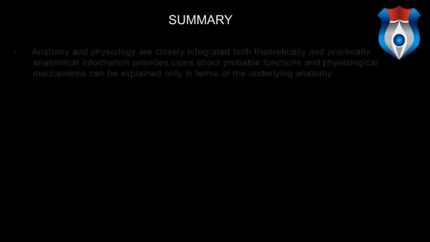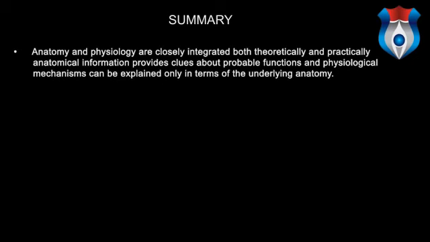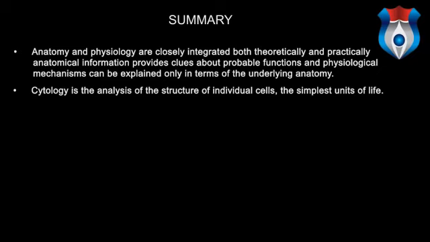Now in the end, let us summarize what we have learned in this lecture. Anatomy and physiology are closely integrated both theoretically and practically. Anatomical information provides clues about probable functions, and physiological mechanisms can be explained only in terms of the underlying anatomy. Cytology is the analysis of the structure of individual cells, the simplest units of life.